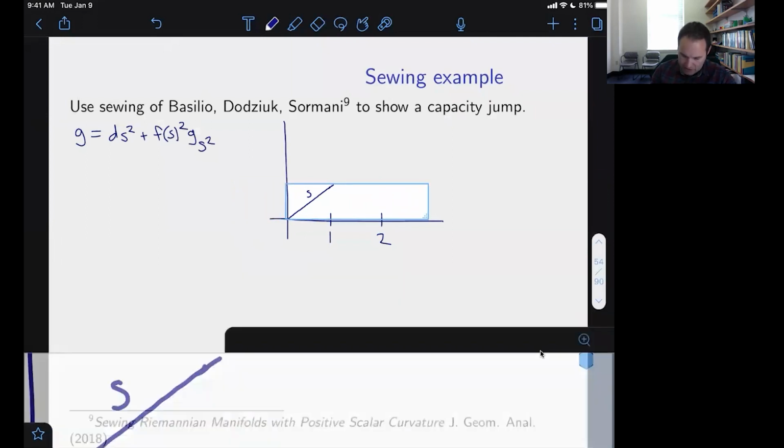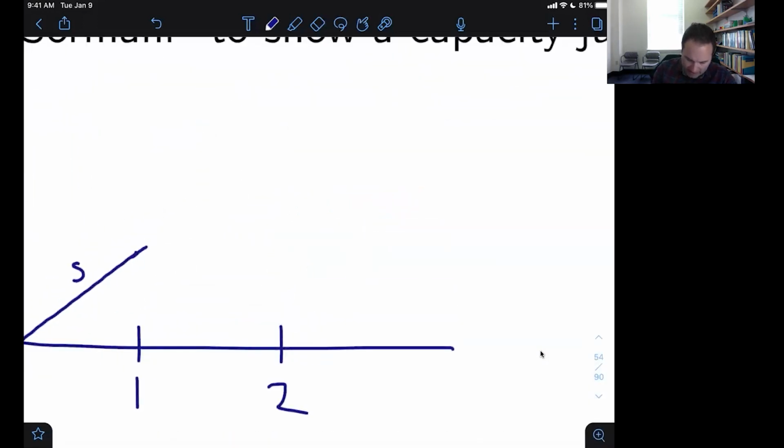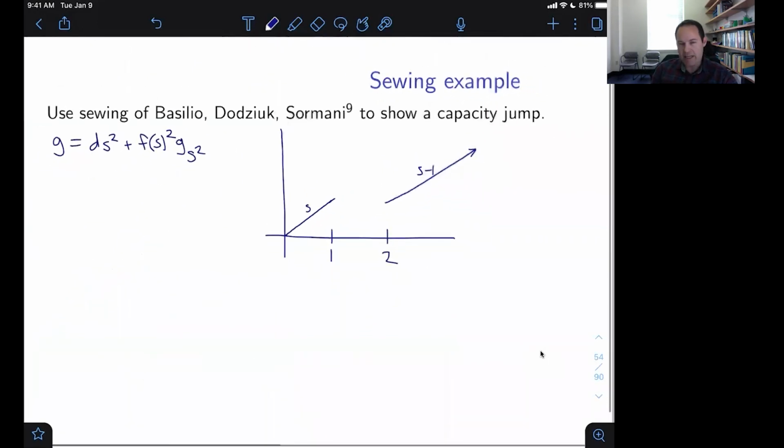And then at radius 2, it is again like that, except it's s minus 1. It's just that same line, but shifted. So that means outside of radius 2, it's just the complement of a Euclidean unit ball. Okay, that value and that value are both the same. They're both 1 for f of s. So it's a Euclidean ball and then a Euclidean unit ball complement.